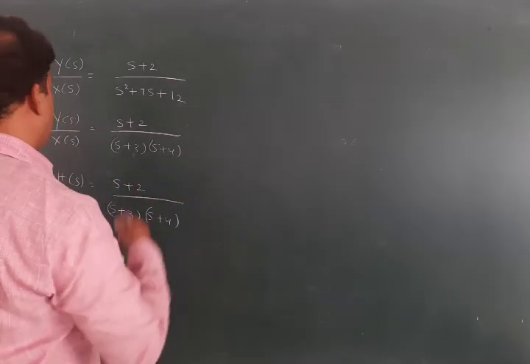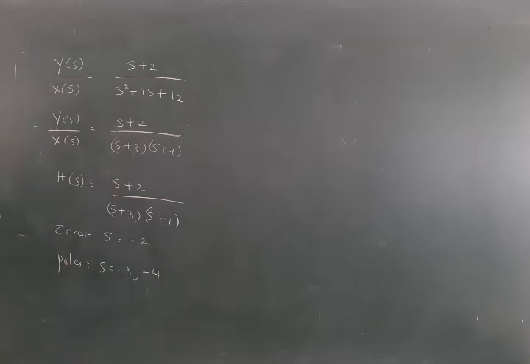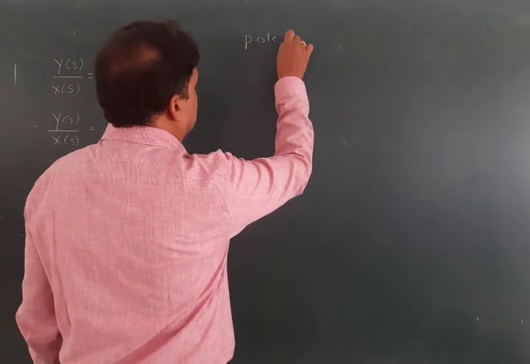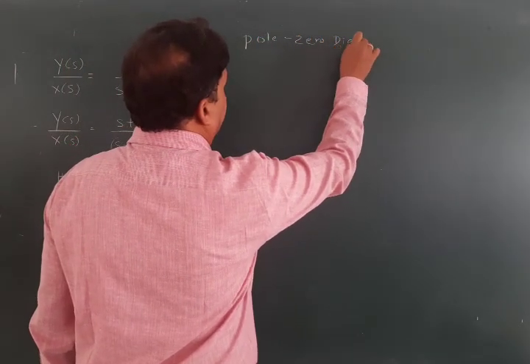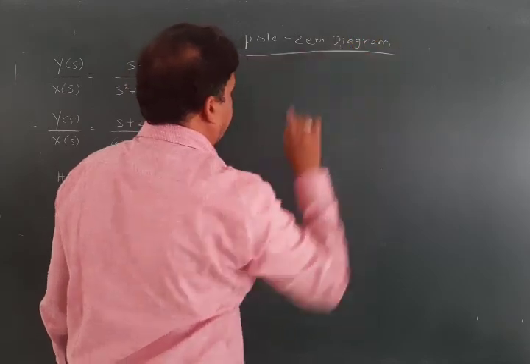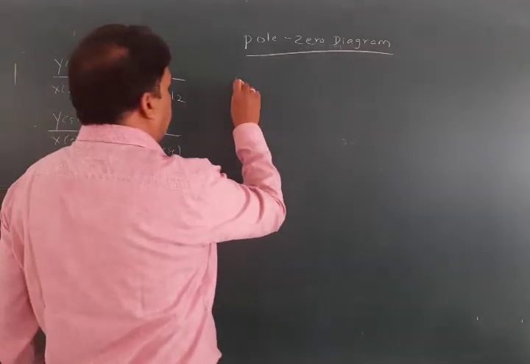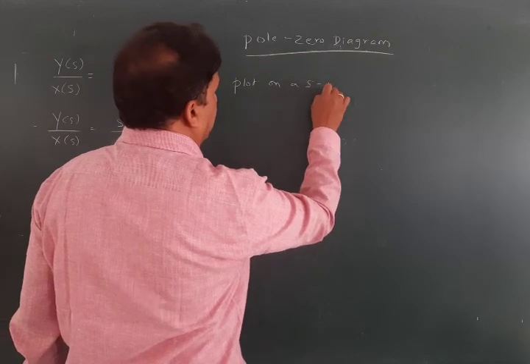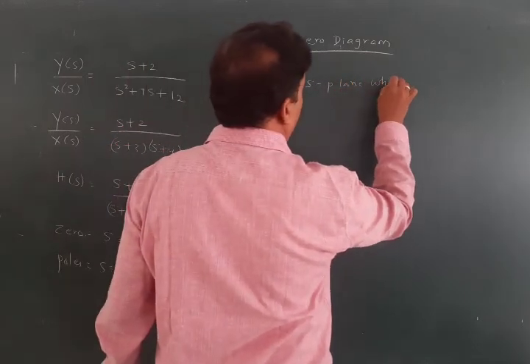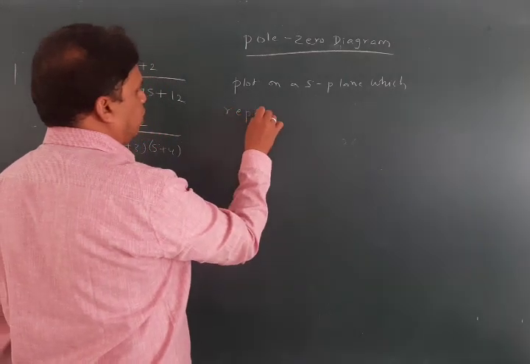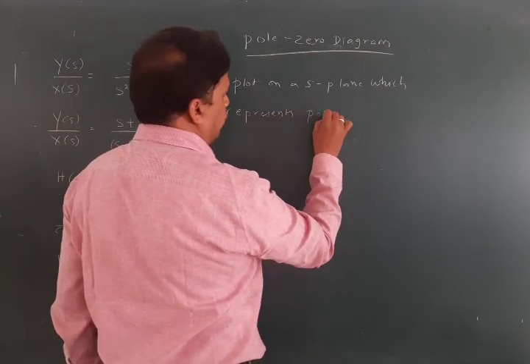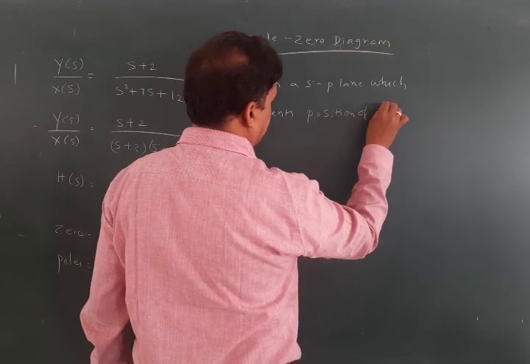After getting this one, you got the poles and zeros. Now you draw a pole-zero diagram for this. What is a pole-zero diagram? A pole-zero diagram is nothing but a plot on the S-plane which represents the position of the zeros and poles.